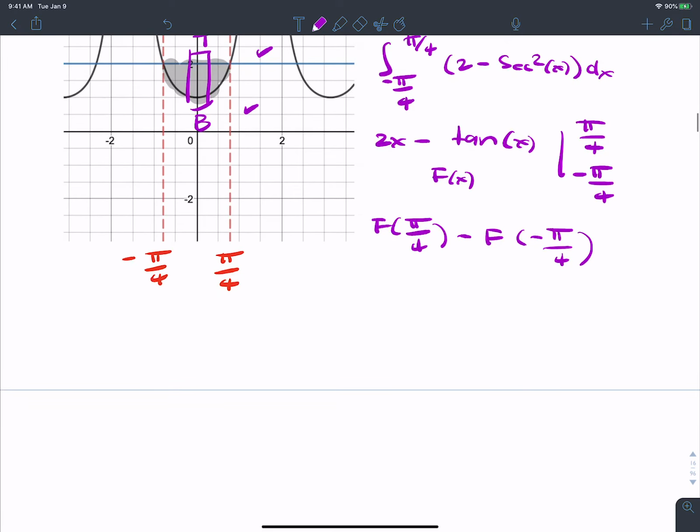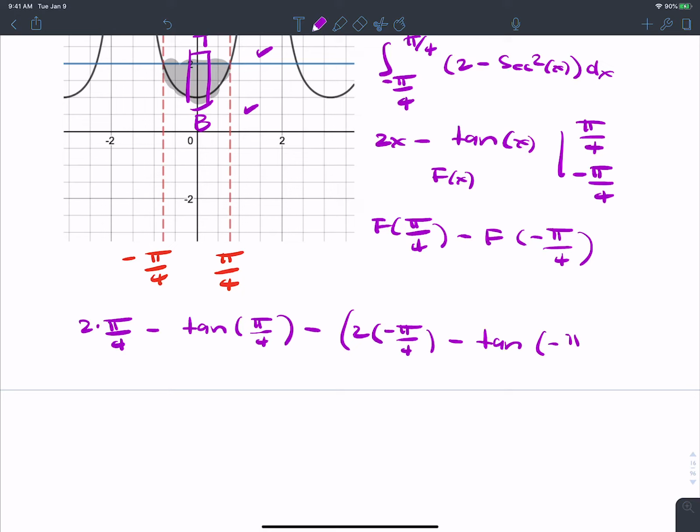Okay, let's see what that looks like. 2 times pi over 4 minus tangent of pi over 4 minus a 2 times negative pi over 4 minus tangent of negative pi over 4.